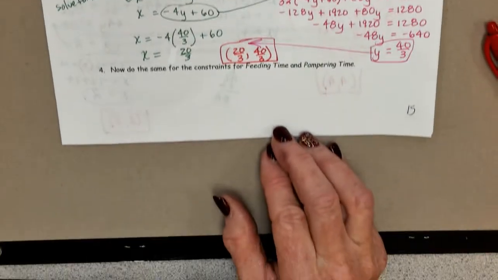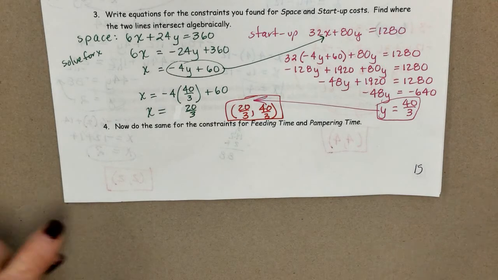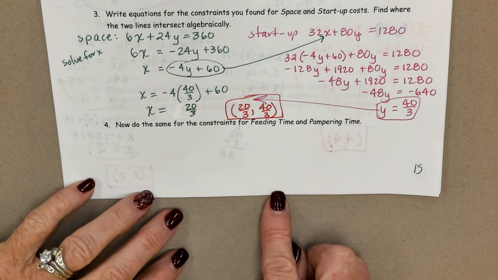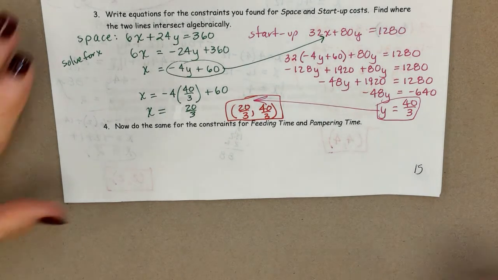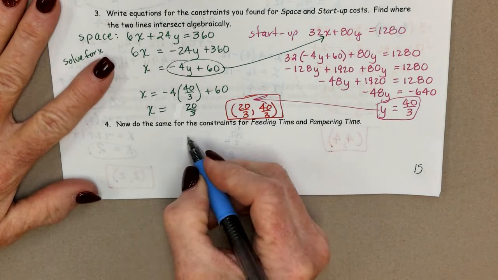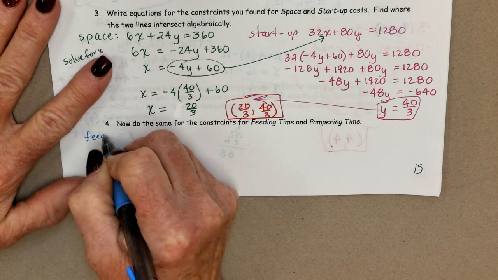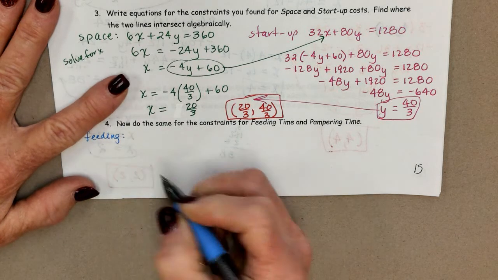Now we got to do the same thing for feeding time and pampering time. It's pretty tiny in here. I hope I have enough space. So I might end up writing pretty tiny in here. So feeding, I'm going to give you that equation.